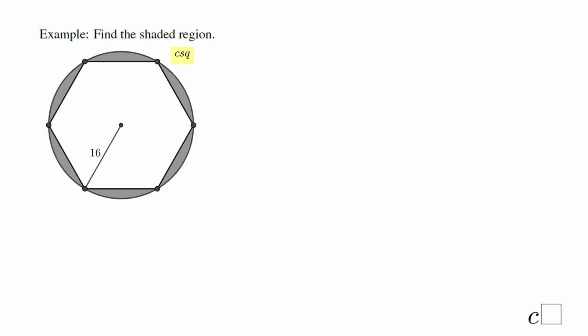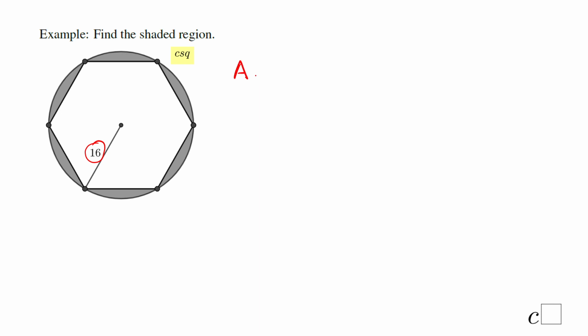This problem is very similar. You notice we have a shaded region, but now we do not have two circles. We have a circle and an inscribed polygon, as we call it, a polygon that is inside of the circle. But we notice we have this 16 here, and the problem is going to be very similar for some reason. You'll see it.